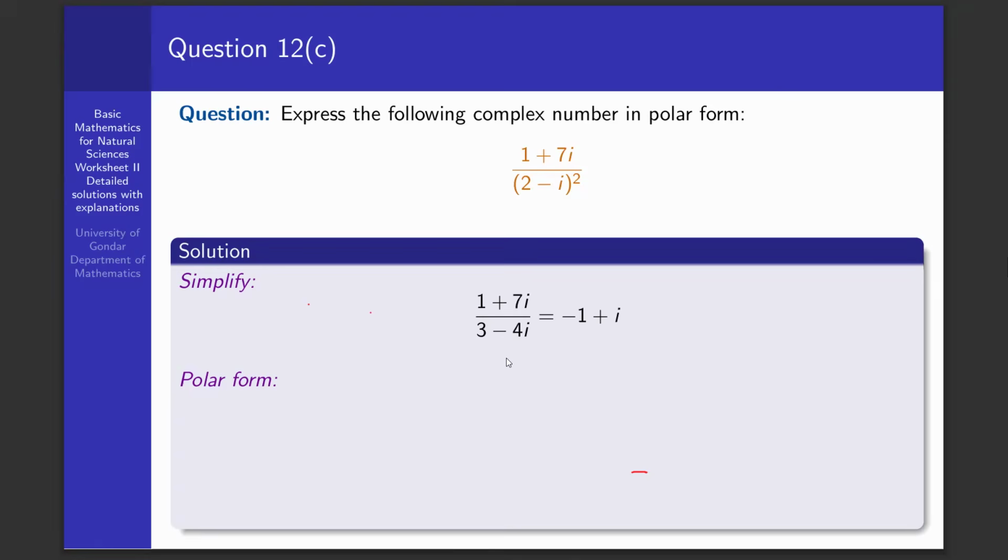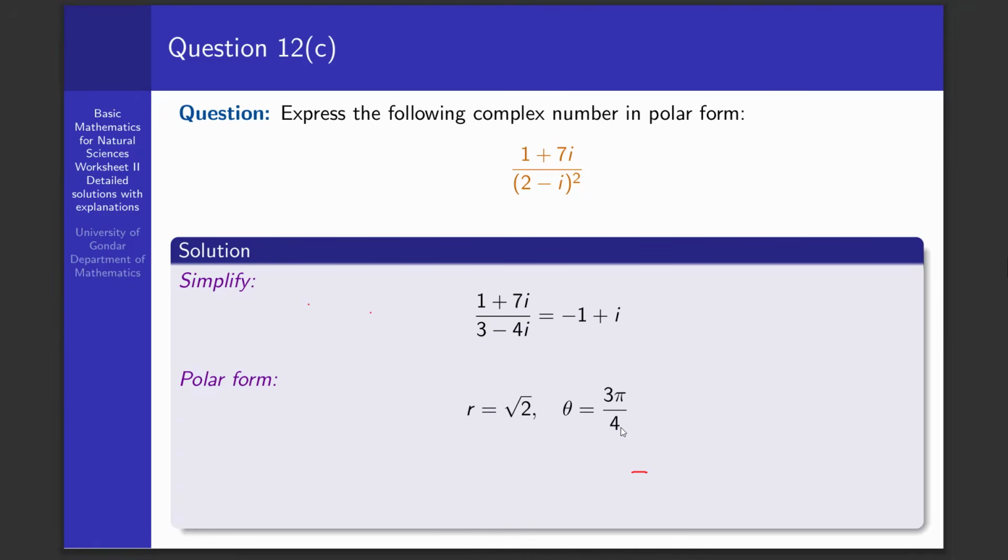The modulus is the square root of minus 1 squared plus 1 squared. I think that's radical 2, and its argument will be tan inverse, or arctan, of 1 over minus 1, or simply minus 1, which is negative, that is simply positive 3 pi over 4, which is in the second quadrant. Therefore, r is this one, theta is this one.